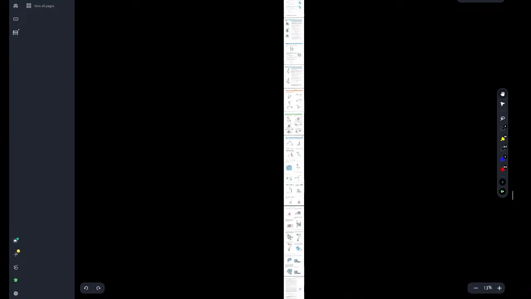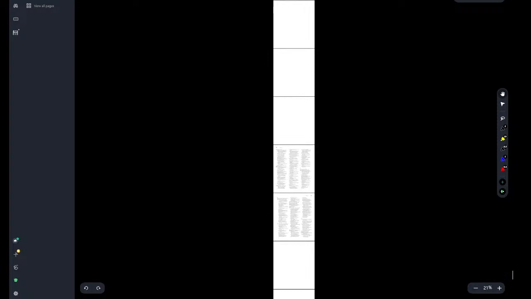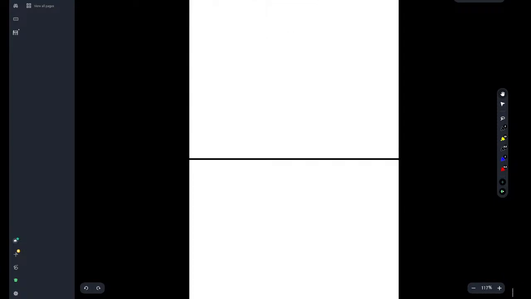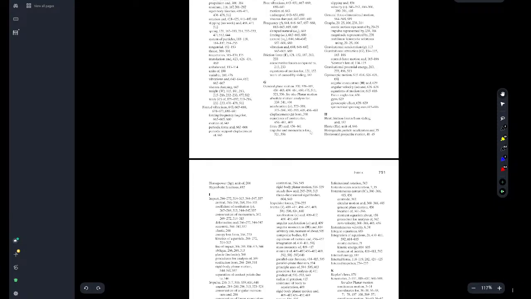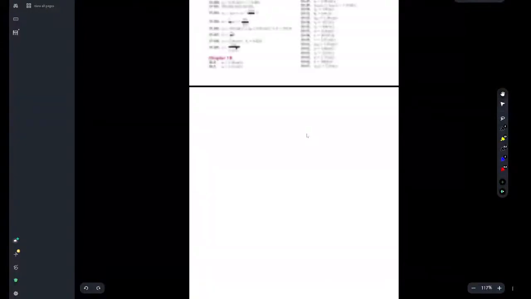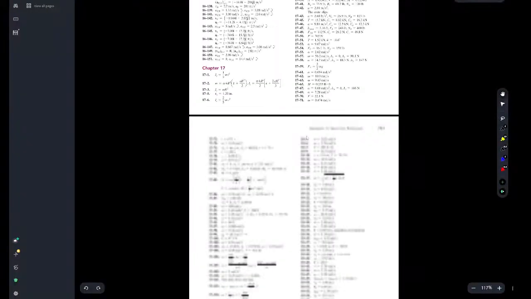I think I reached the back of the book. 16103. I'm sorry to put you through the pain of waiting.